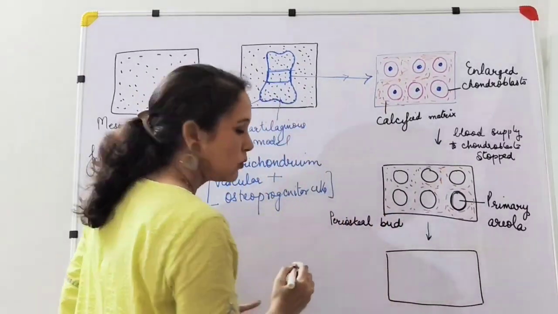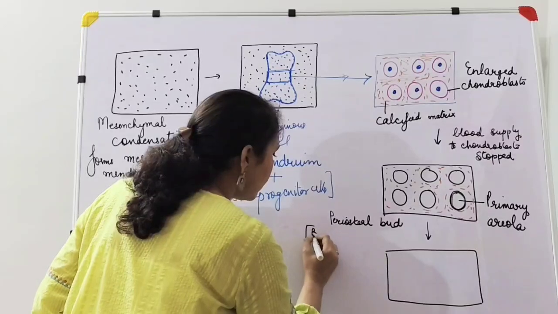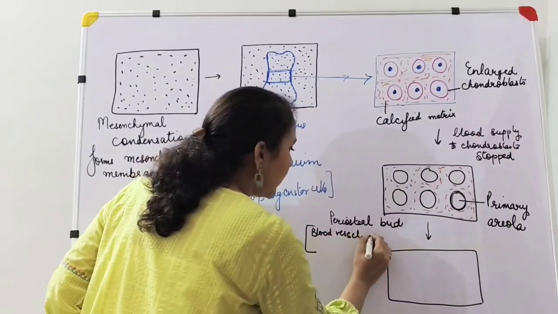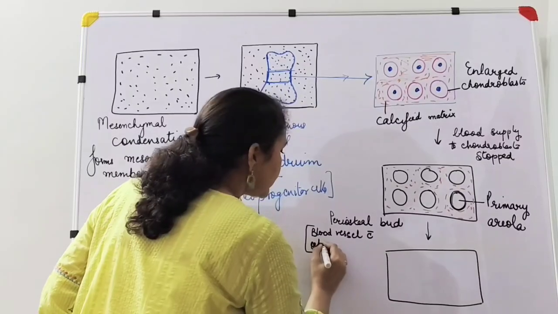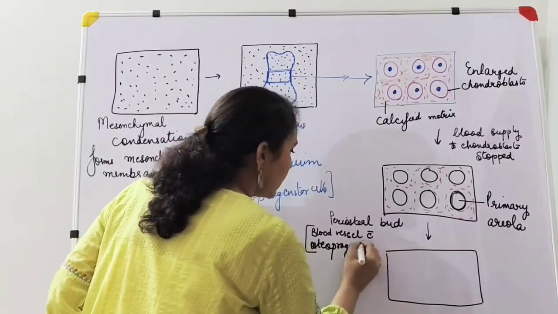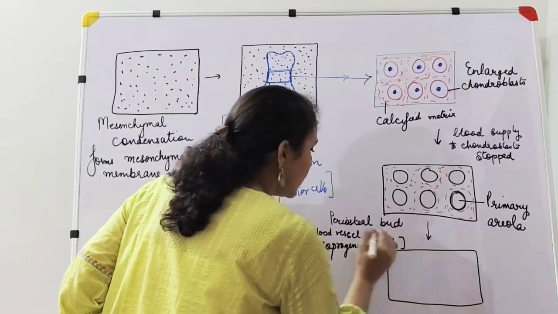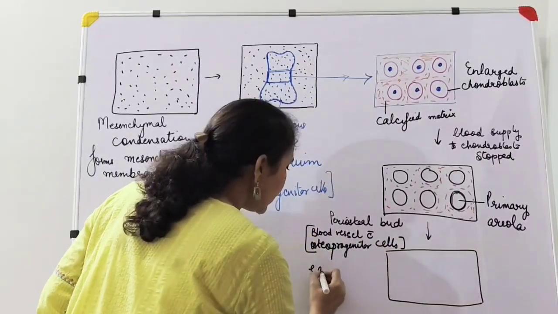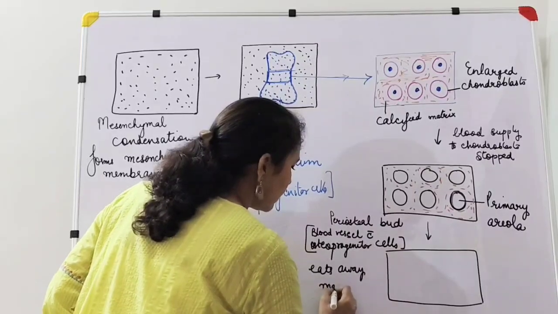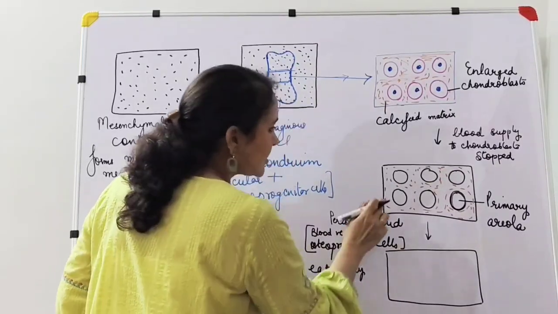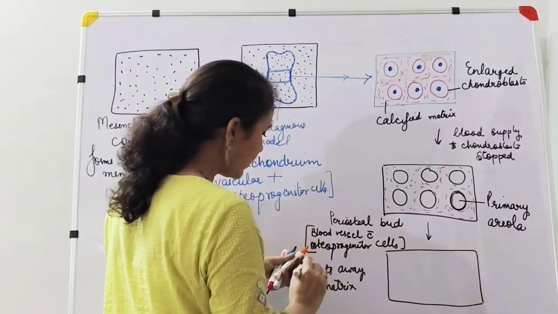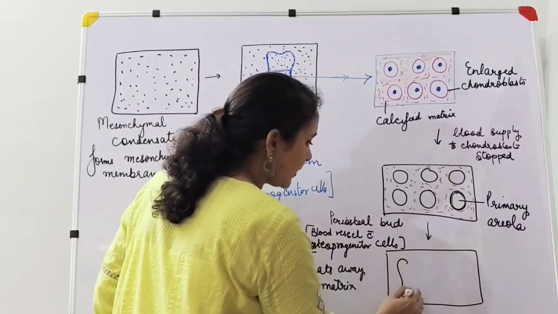Periosteal bud. What is a periosteal bud? It is the blood vessel with osteoprogenitor cells, and what is it going to do? It eats away the matrix. Because of that, if the matrix in between is dissolved, these spaces will become very large.